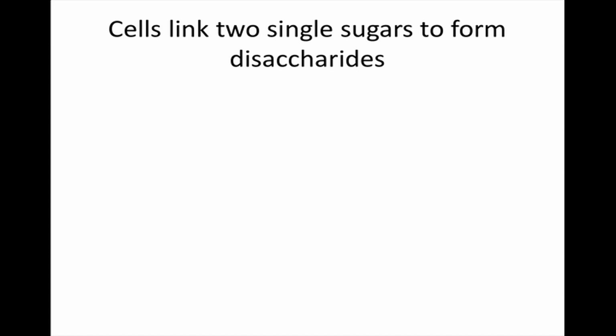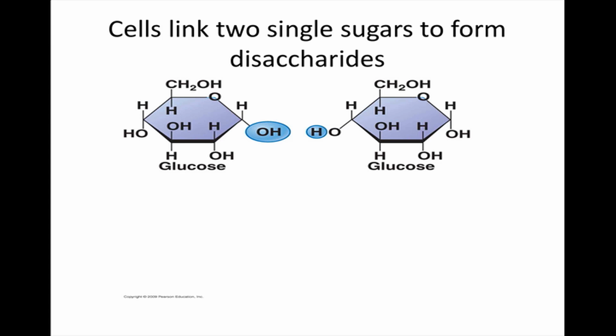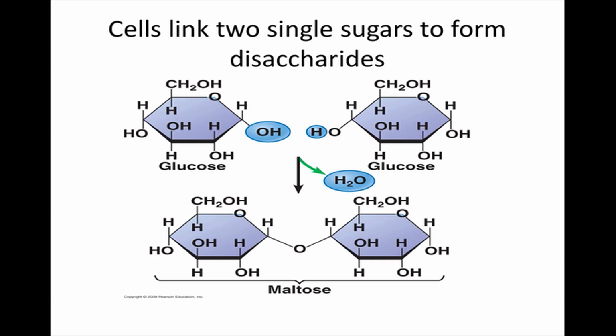Cells link two single sugars to form disaccharides. Here we have two single sugars of glucose, and by a dehydration reaction, the two monosaccharides link together to form a maltose, which is a disaccharide. The prefix mono means one, and di means two.